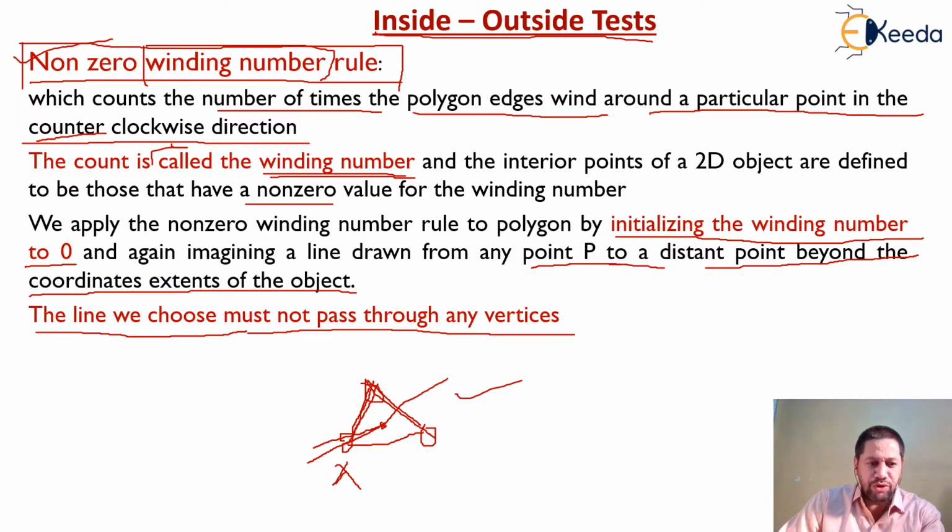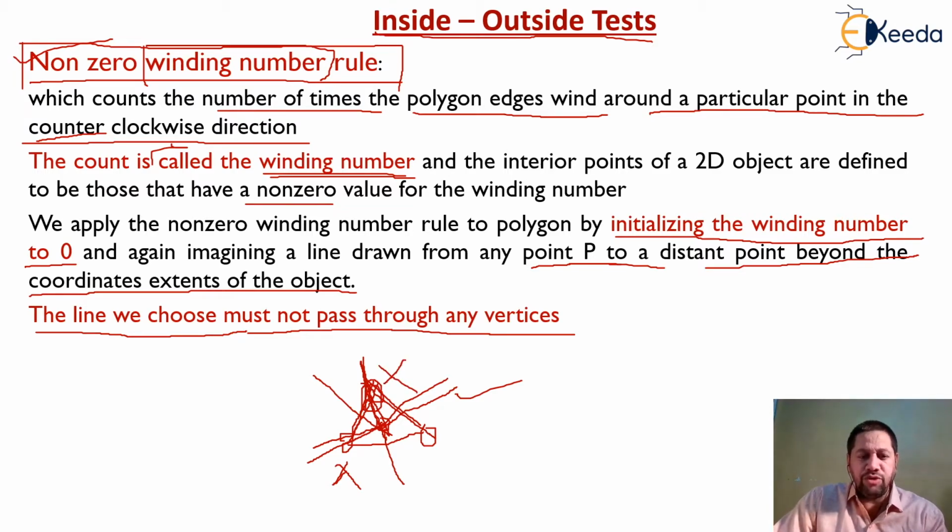If it is passing over here, it is correct; from this side, it is correct. So the line we choose must not pass through any vertices.